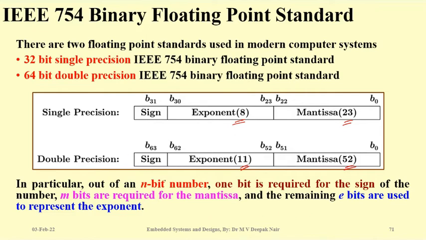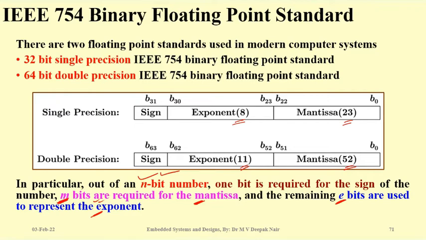For any n-bit number, 1 bit is required for the sign, M bits are required for mantissa, and E bits are representing exponent. So this is all about right now the definition.